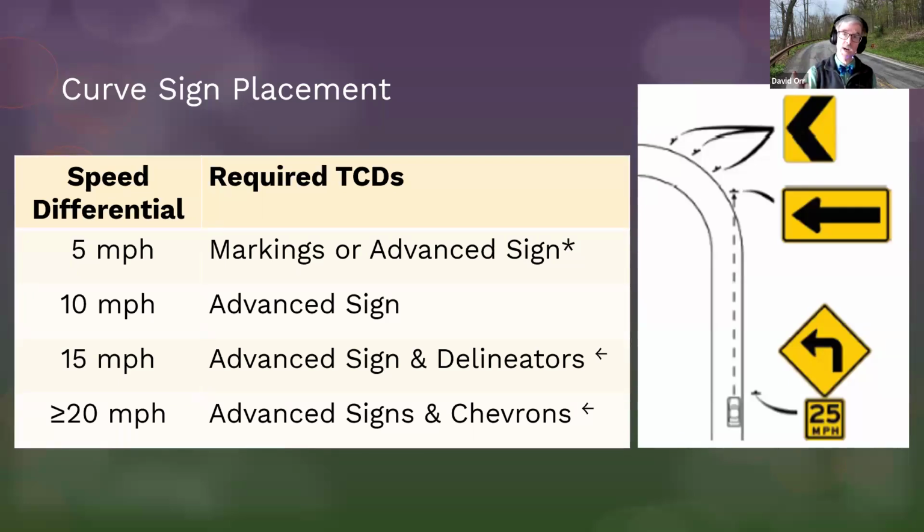How many of you use the policy of setting all of your advanced signs and distances using 55 miles an hour or whatever the speed limit is? Raise your hand if that's your policy. I'm going to ask you in a second to go the other way and use 85th percentile. But how many of you use speed limit to set your advanced sign spacing and what your speed differential would be? And again, it's a consistency issue.